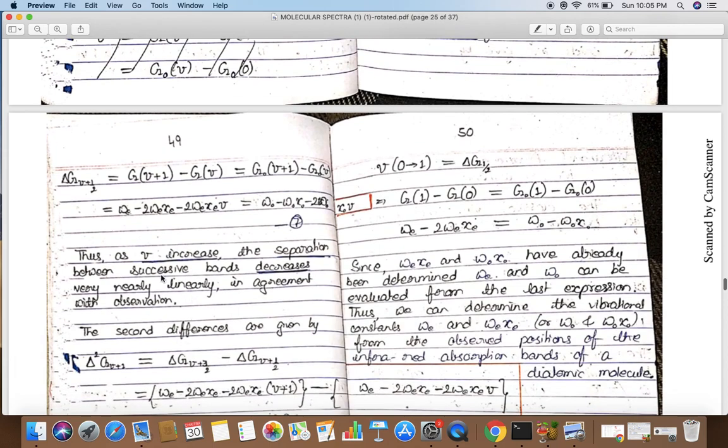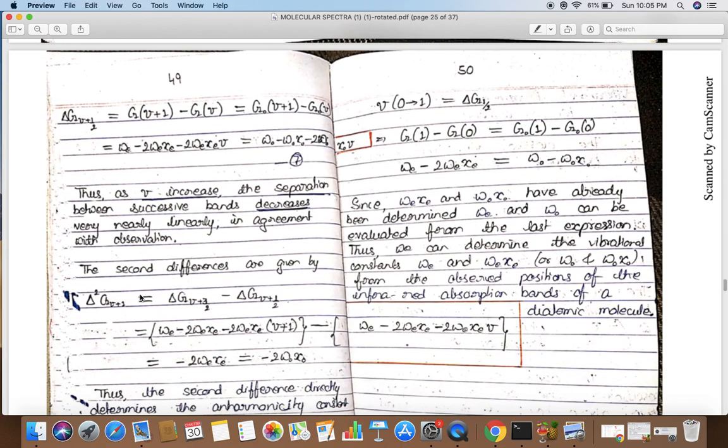So as ν increases, the separation between successive bands decreases. From this relation, very nearly linearly it is decreasing, in agreement with the observations.